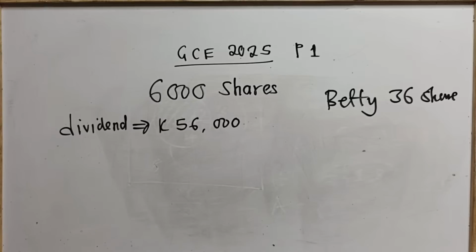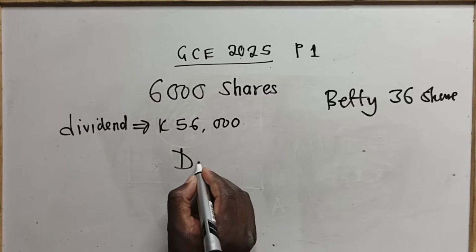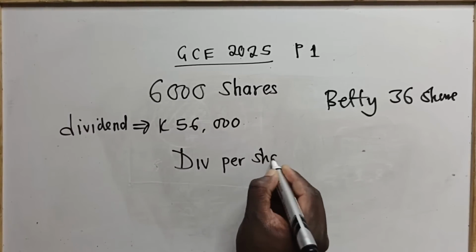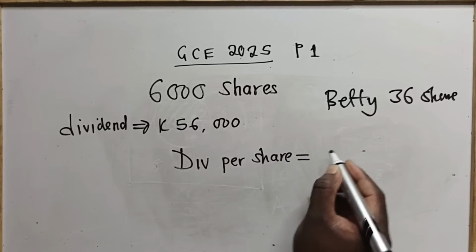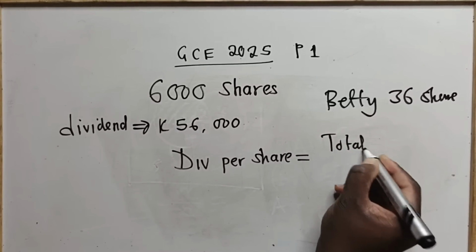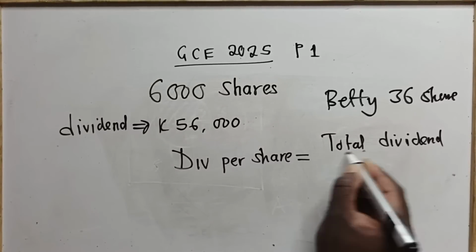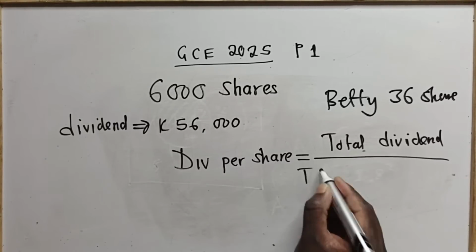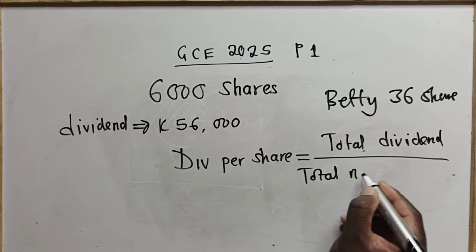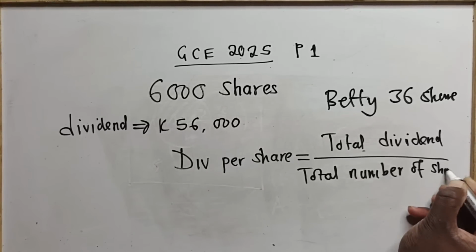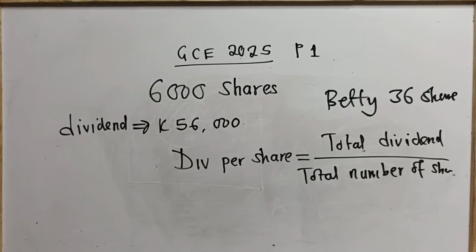Normally to find how much Betty will get, we always use the formula: dividend per share is equal to total dividend over total number of shares. That's the formula we use.